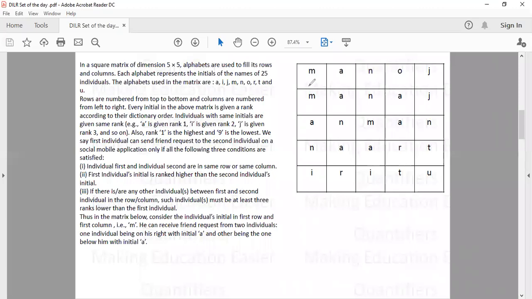Now, as discussed, this M can receive only 2 requests, one from this A and one from this A. Let me first of all write down the names A, I, J, M, N, O, R, T, and U. So A is ranked 1, I 2, J 3, then 4, 5, 6, 7, 8, and 9, right?